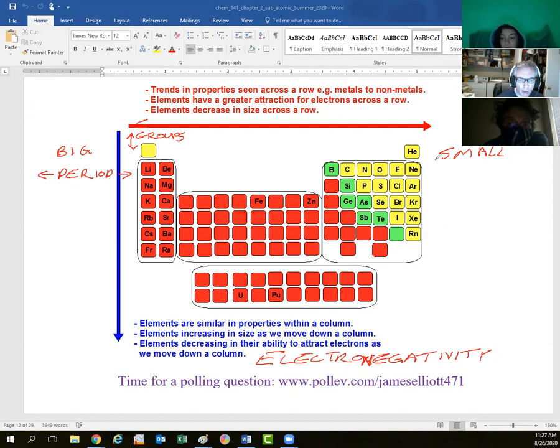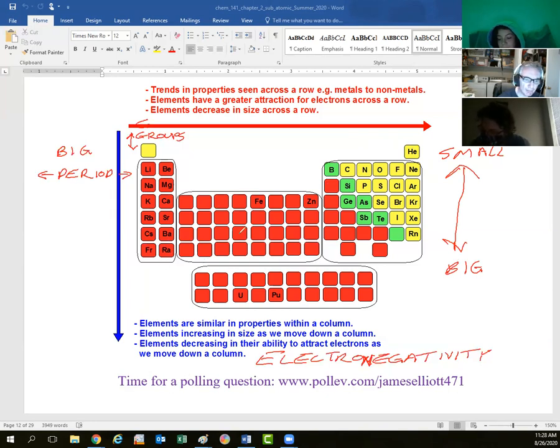The smaller atoms tend to be at the top, and the bigger atoms tend to be at the bottom. So the very smallest atoms are on the top right-hand side. That's our nonmetals. And the bigger elements and atoms tend to be to the left and to the bottom.